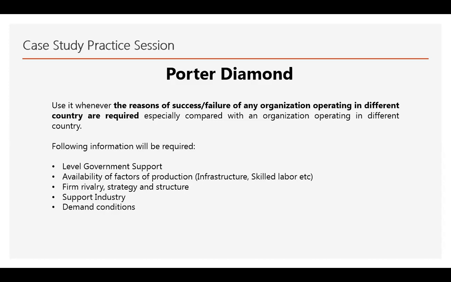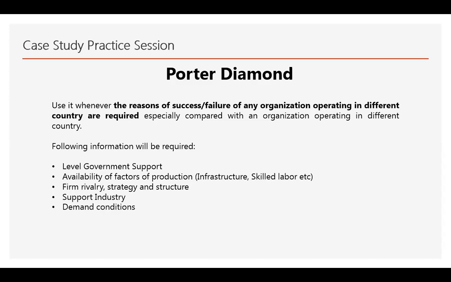For example, if in any country the customers have more sophisticated demand, they demand high quality products, and they have more options available in their country which allows them to make choices, then they will be more demanding when it comes to quality of the products. So in that case, the companies operating in that environment will definitely be on their toes all the time, and they will have to be producing superior quality products because they have to compete in that market.